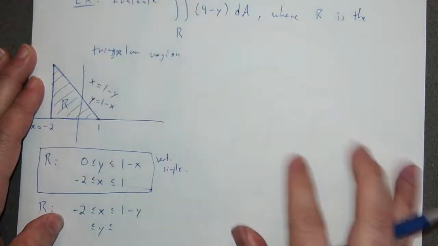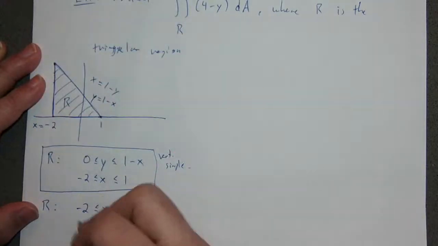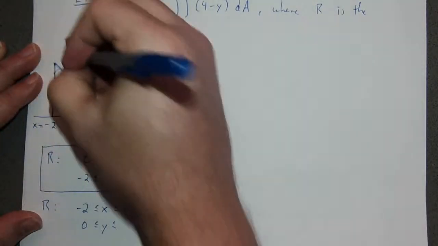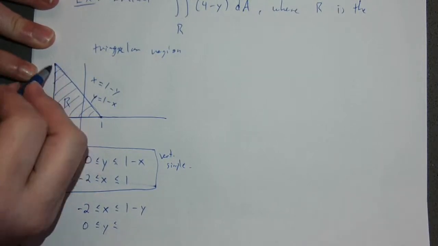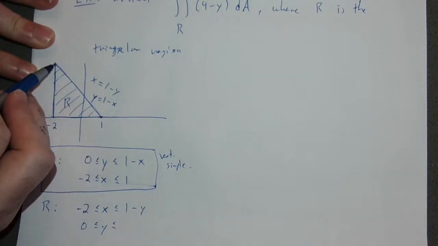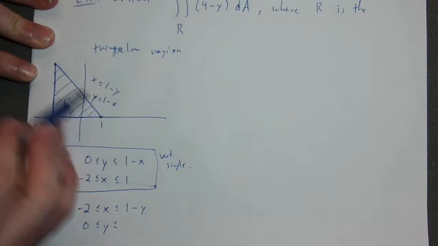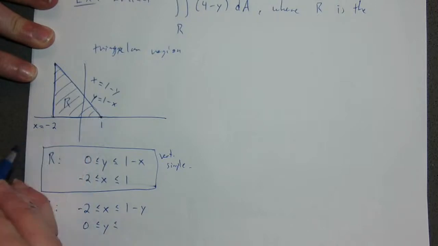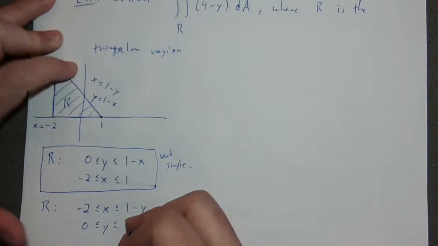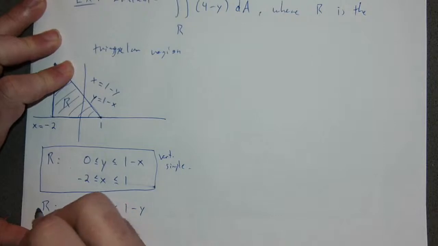And y is bounded by what? y goes from 0 to this height. What is that height? Well, that is the intersection of this line with the vertical line x equals minus 2. So what height is that? It's height 3, right? So this goes from 0 to 3.